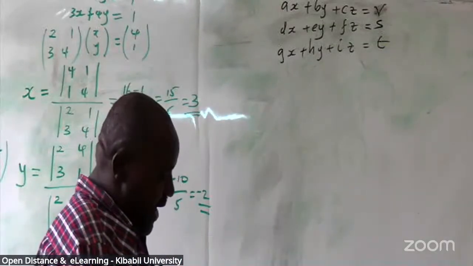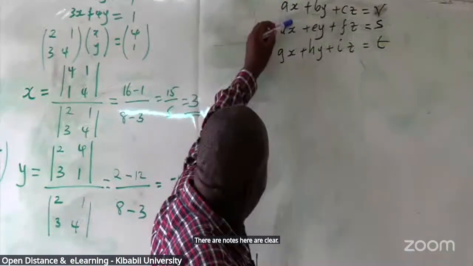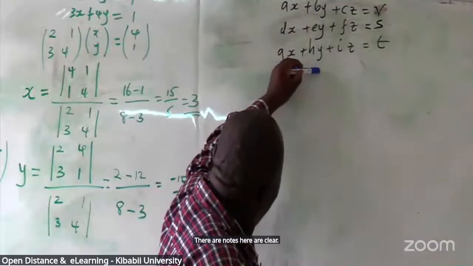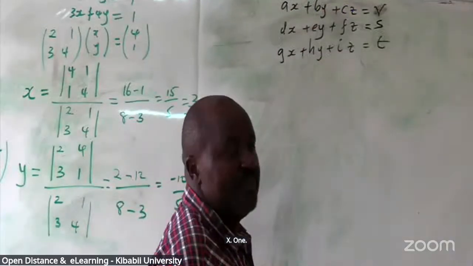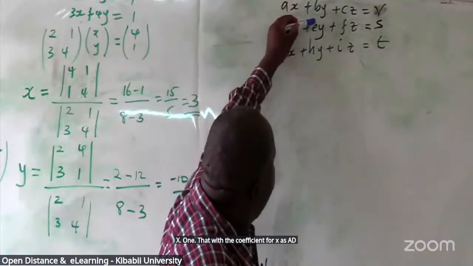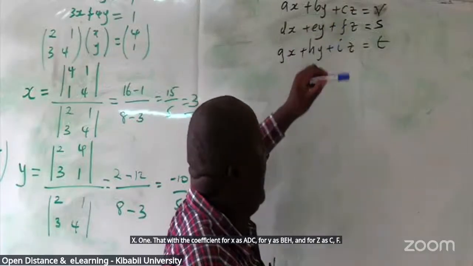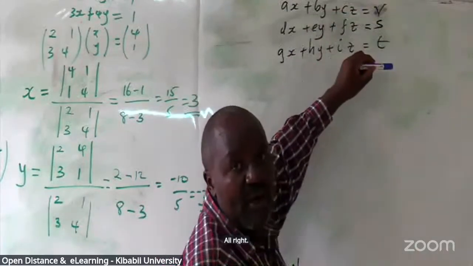The unknowns here are clear: x, y, z, with the coefficients for x as a, b, c, for y as b, e, h, and for z as c, f, i. And these will therefore be the constants.